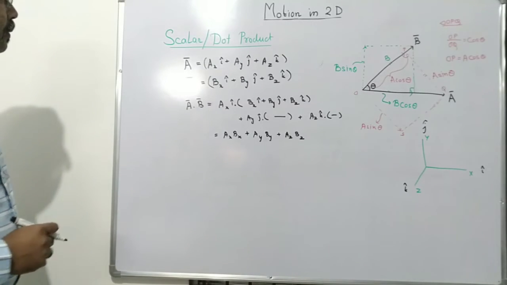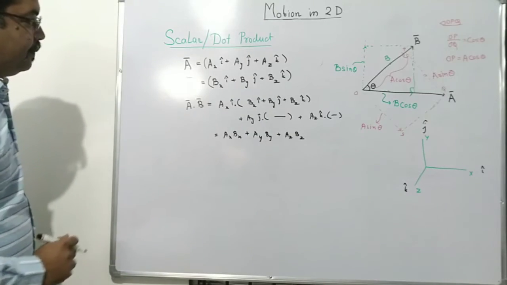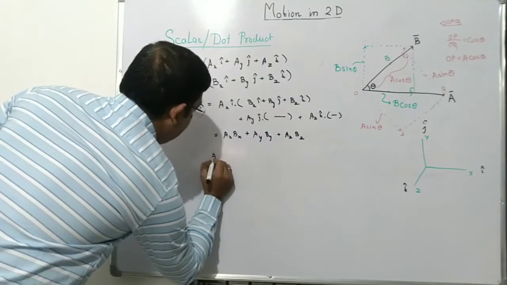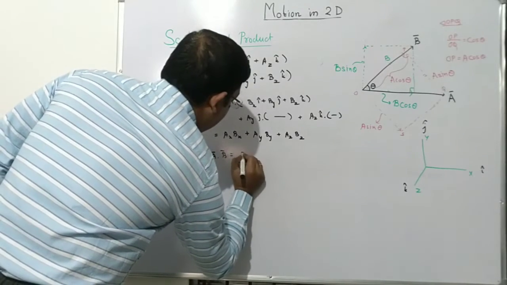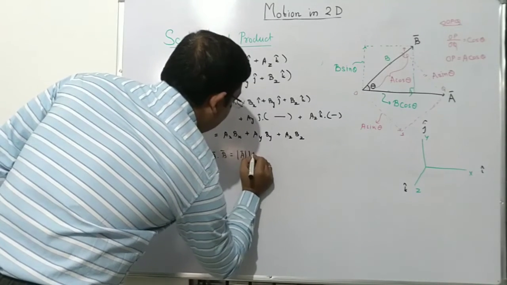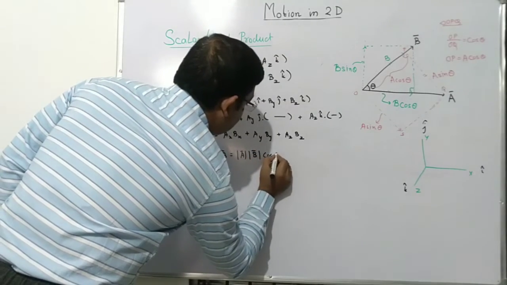Now let's go back to the first equation. A dot B equals modulus of A, modulus of B into cos theta.